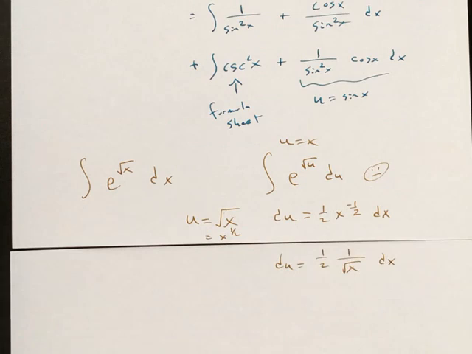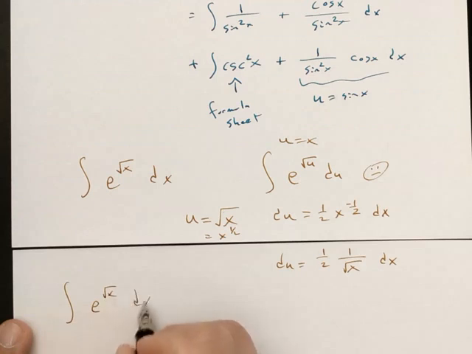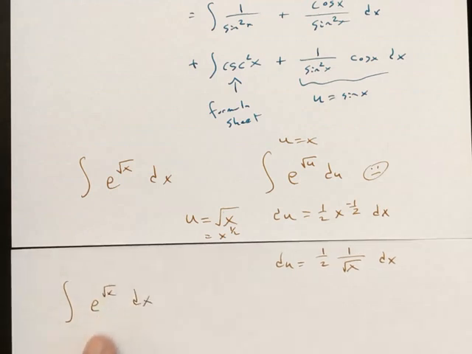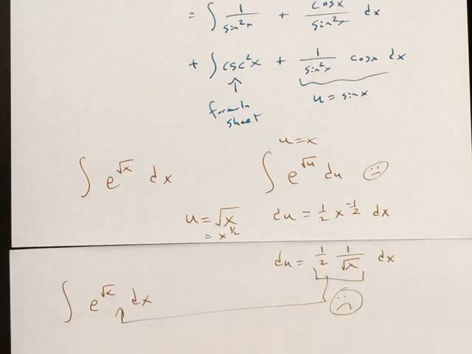I still don't have that square root of x on the bottom on the outside, do I? I don't have it there.